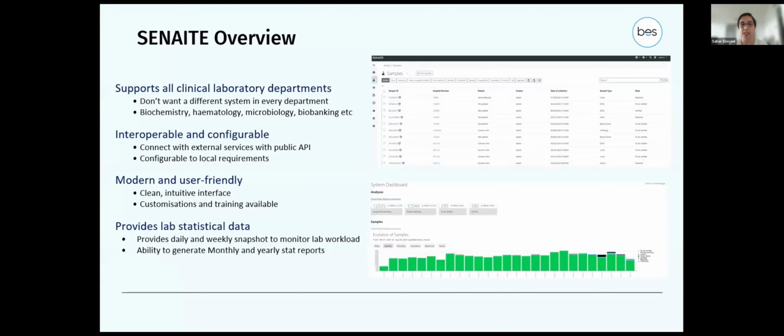One of the key features of the system is that it can connect with external services through the public API, ensuring data exchange and integration with other systems. SENAITE is user-friendly, and it is easy for lab scientists and personnel to navigate and use effectively. We offer customization for each lab and also training for all of the staff who are actually using SENAITE in each laboratory. SENAITE provides statistical data. It can generate monthly and yearly reports, and it also generates a CSV file for the Burnet report as well.